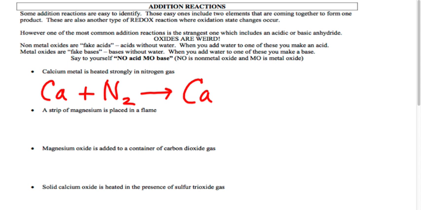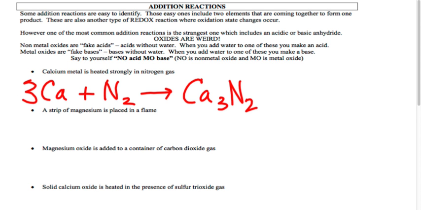Ca3N2. So to balance this, I need a 3Ca. Now, how is that a redox? Well, calcium went from 0 to +2. Nitrogen went from 0 to -3.